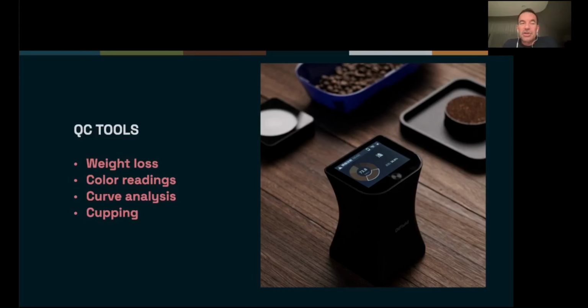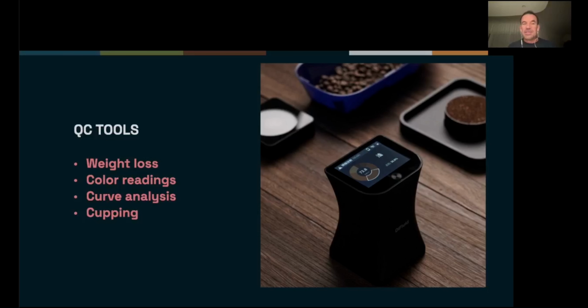ColorTrack, Agtron, they use very large sample trays that can use as much as 100 grams of coffee to take a color reading. That will give you very accurate and consistent readings, but it will also use a lot of ground coffee.